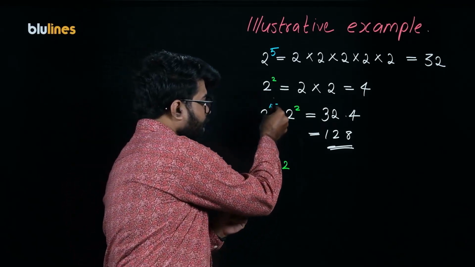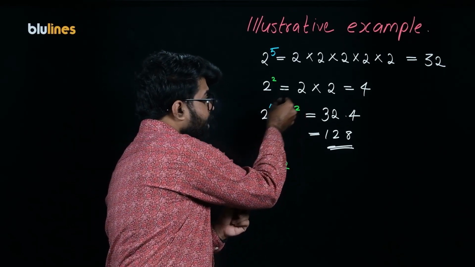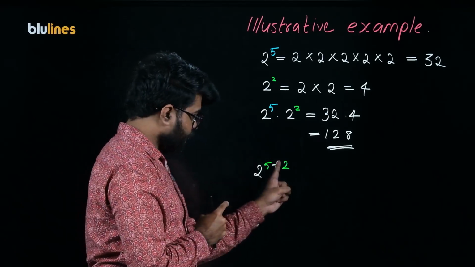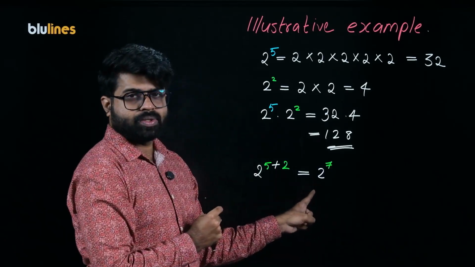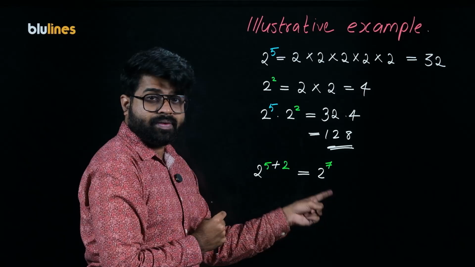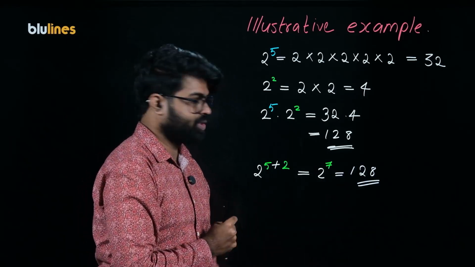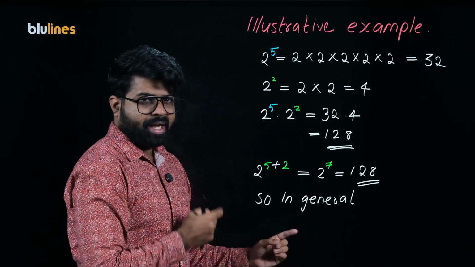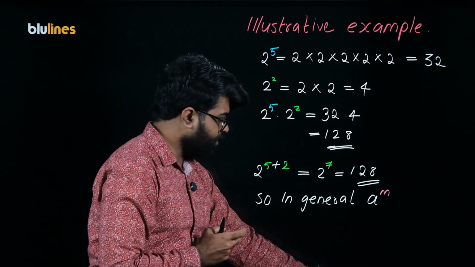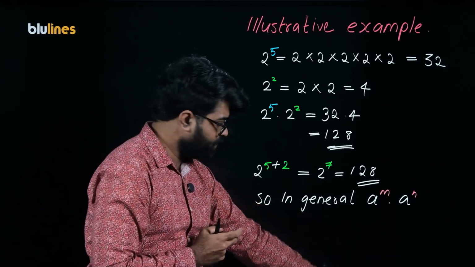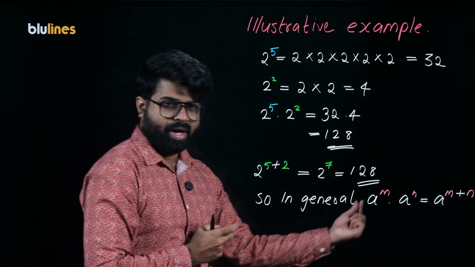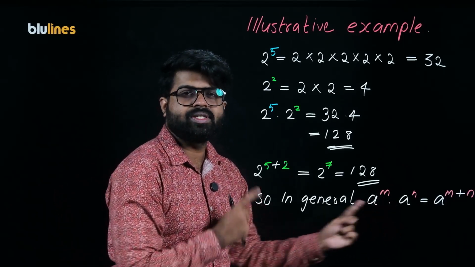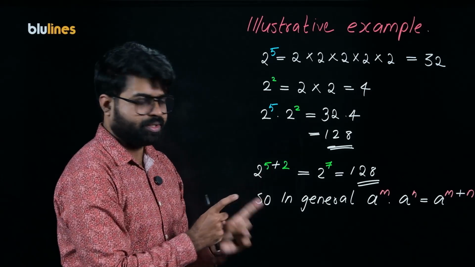So 2 raised to 5 into 2 square is 2 raised to 5 plus 2, which is equal to 2 raised to 7. And we know that 2 raised to 7 is nothing but 128. Let's go for another example. In general, I conjecture a result: a raised to m multiplied with a raised to n is equal to a raised to m plus n. If you have the same base and different powers, you can always add the powers. Okay, that's our result.